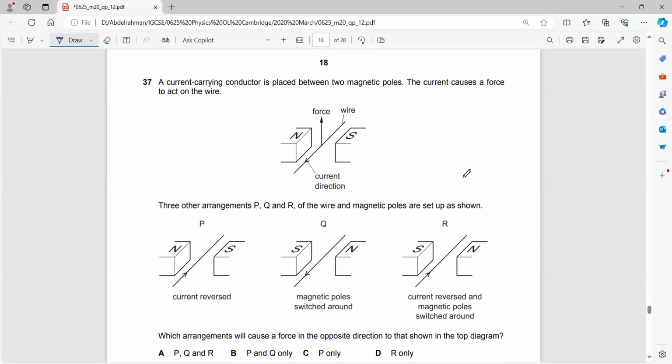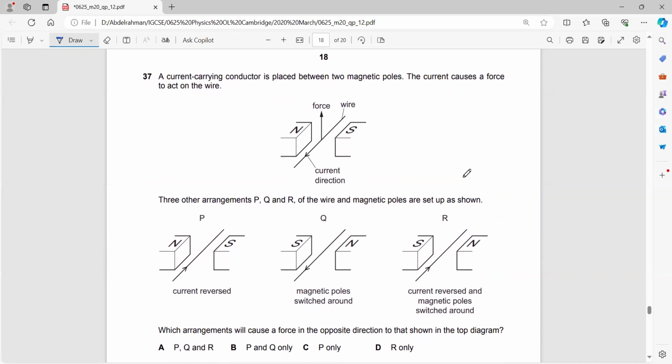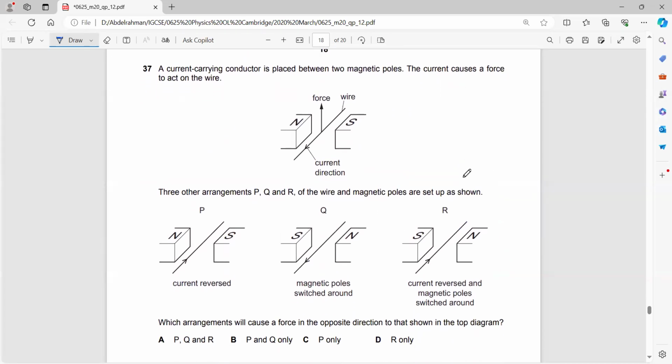Question 37. We have a current carrying conductor, a wire with a current inside, which is placed inside a magnetic field. The current is moving this way, and these are the north and south poles.